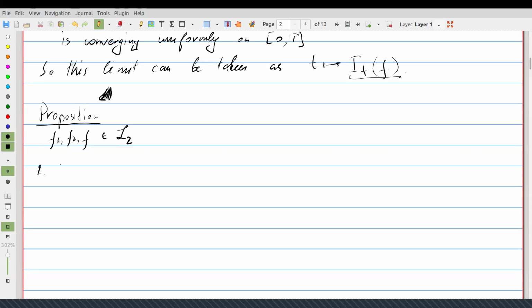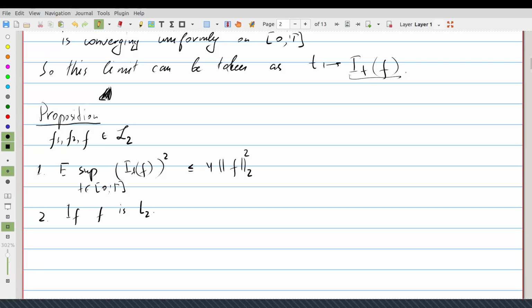So firstly, we have the very same estimate. Again, as said previously, this four is needed here. And an interesting property is that we have a process that is already continuous in square mean.